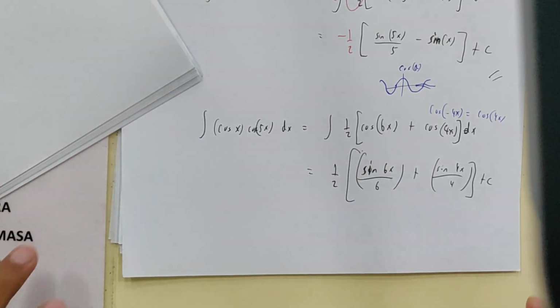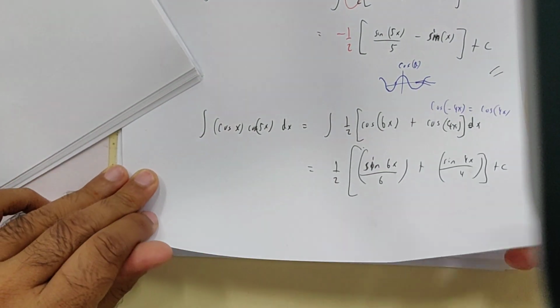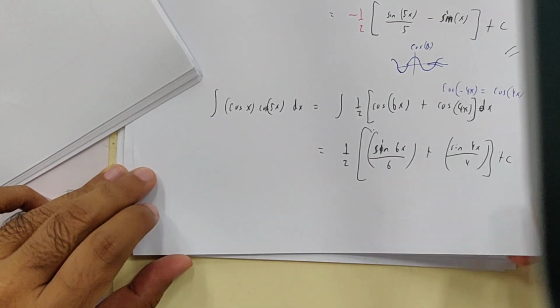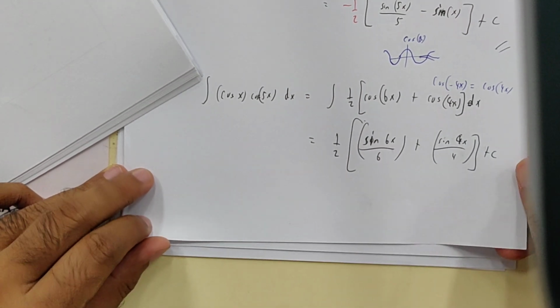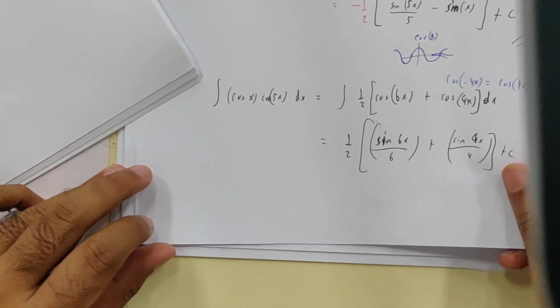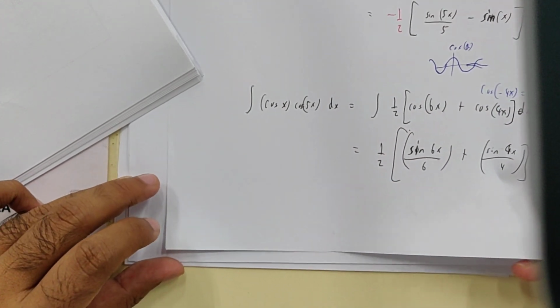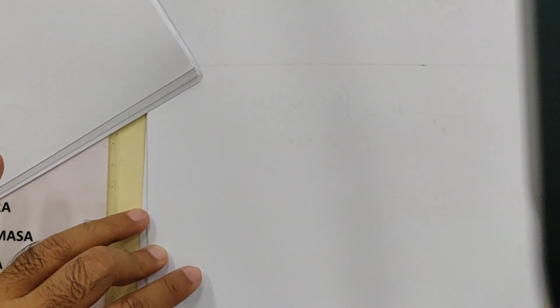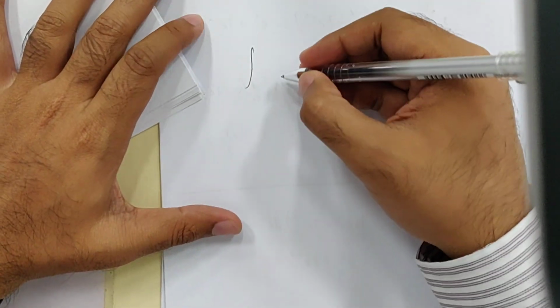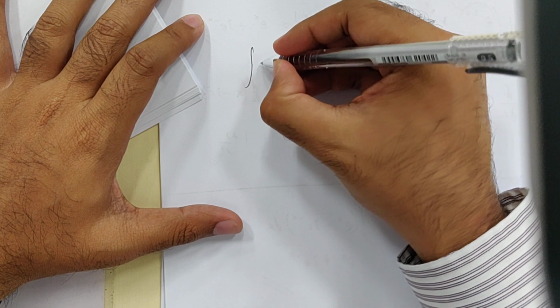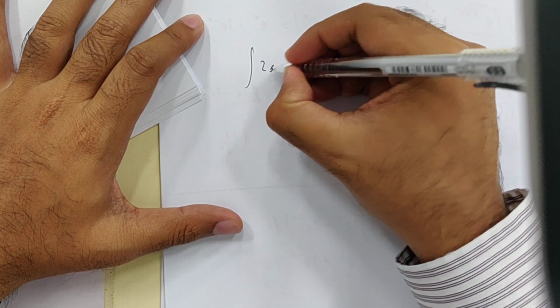plus C. Okay, I'll end this with these two questions which I'm going to leave you on your own. Be prepared. Those two questions, I think it's within your limit, within your range of skill.